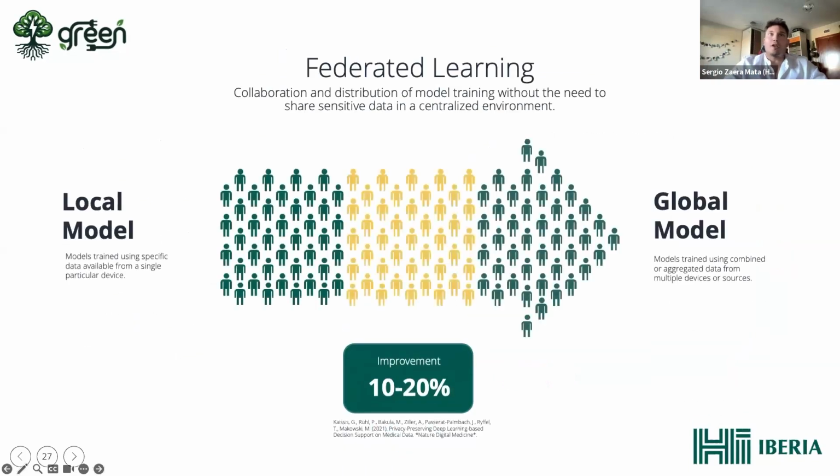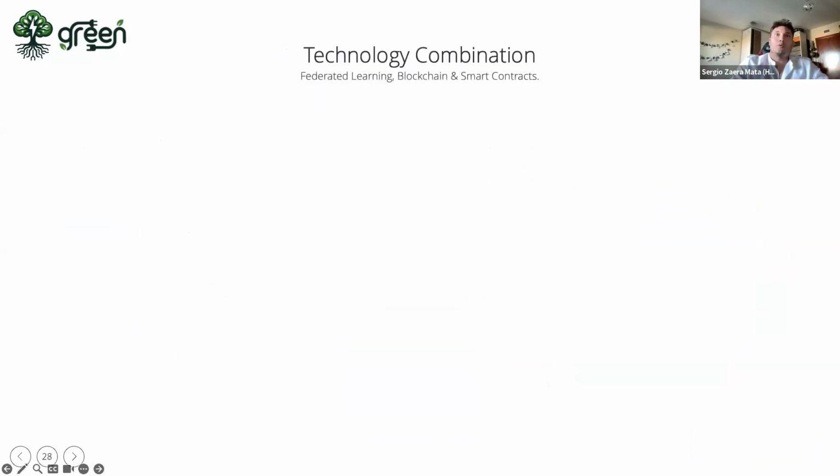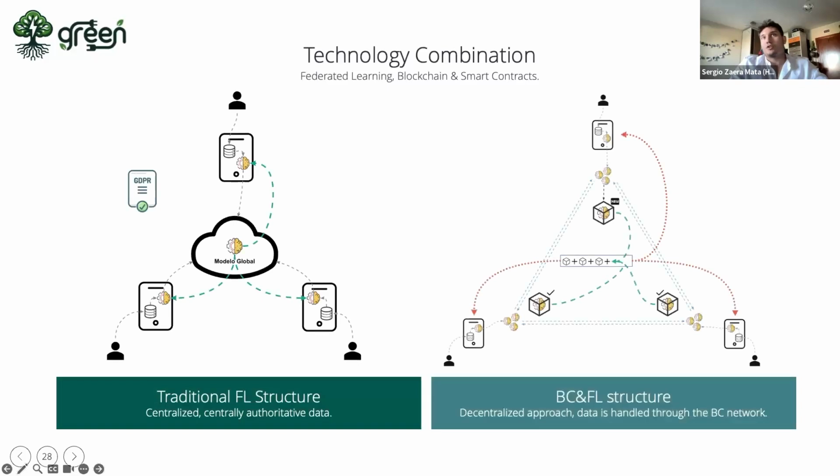Also, I'm not going to explain anything new about federated learning, but you have the benefits of collaboration and the distribution of the model training. The only problem we detected, the big problem here, was having a centralized environment. With this technology combination, the traditional structure is centralized, using a central authority and sending all the data to the server.